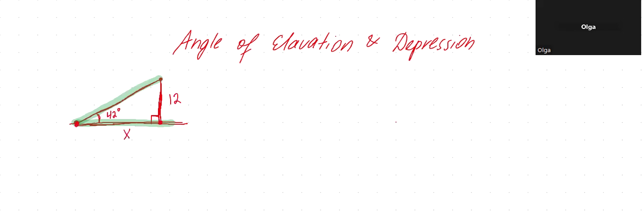So there are some words you might use as keywords. So for example, distance to the base, that will be this horizontal leg of your right triangle. Usually most of the pictures will have this angle of elevation as this bottom angle, but not always. So you always have to make sure you have the right picture.